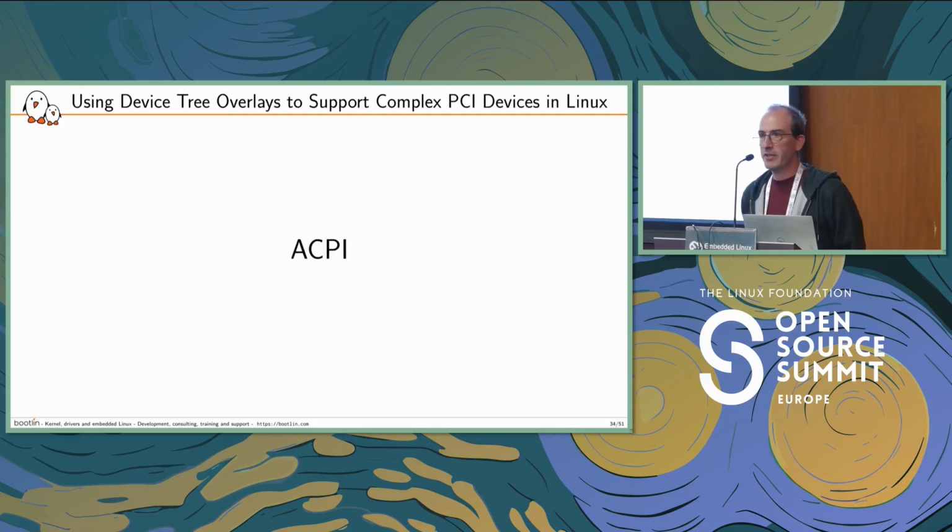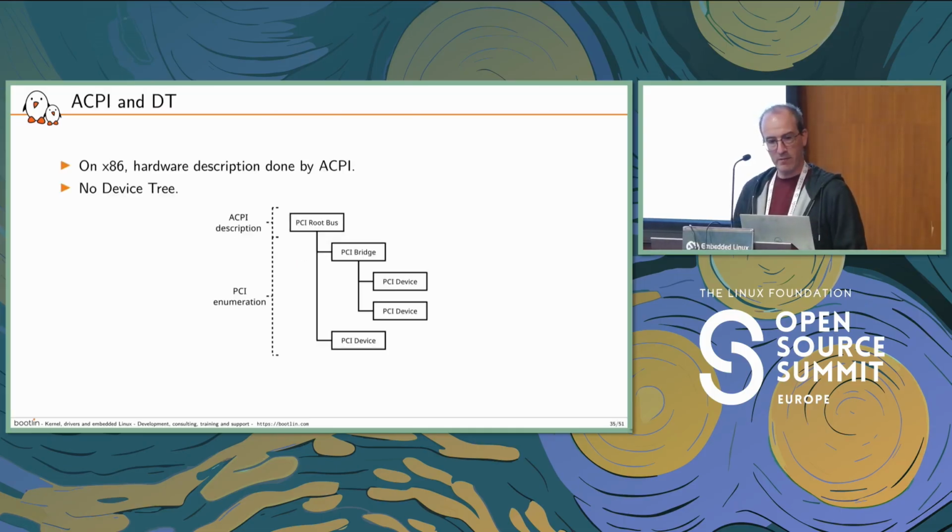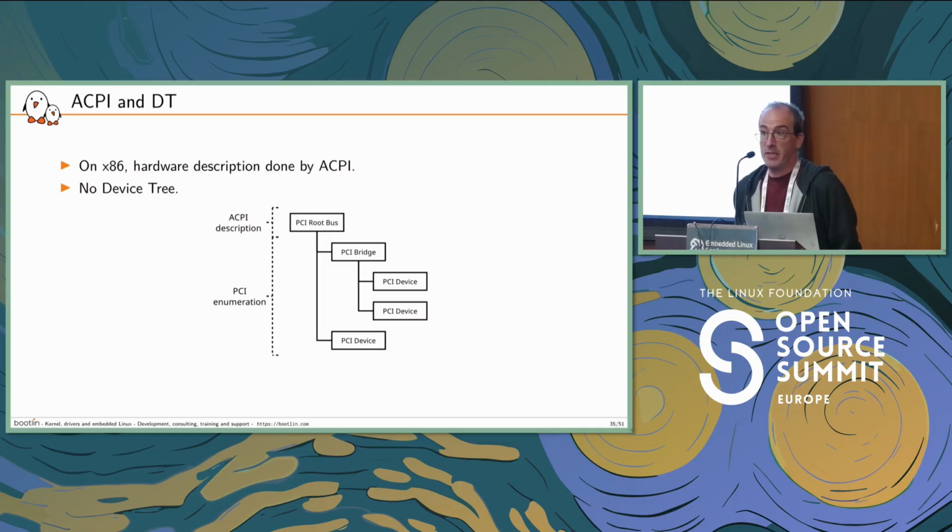I'll talk about ACPI. What can be done on ACPI? Well, on x86 there is ACPI, there is no device tree, so our internal representation is based on the ACPI description. With the enumeration we have the device, and that's all.